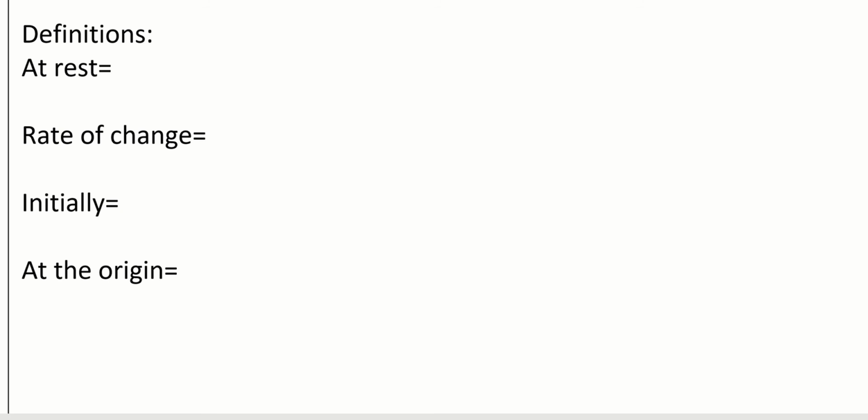The velocity would be 0? Or the acceleration would be 0? If your car is completely at rest, think to yourself right now, which one of those would be 0? So, hopefully, you worked out it's going to be the velocity that is equal to 0.